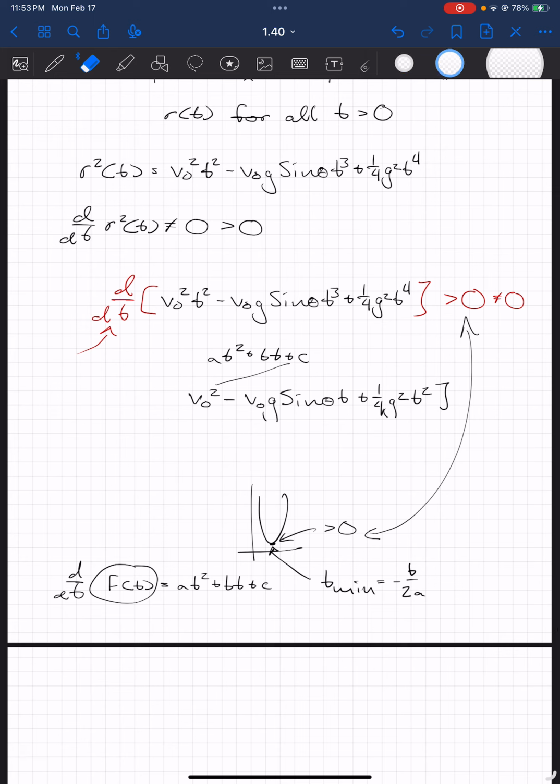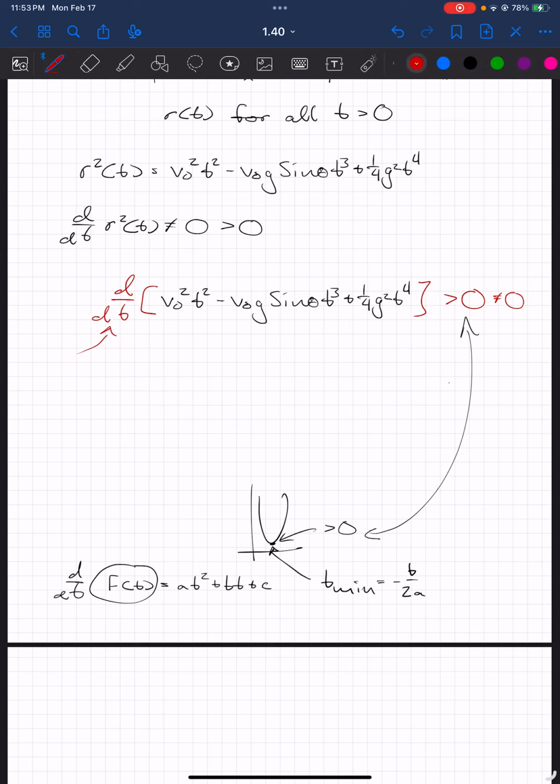F of t is not what it was before it was pulled out. F of t is this equation, as I wrote earlier. I'm sorry, I got a little ahead of myself.